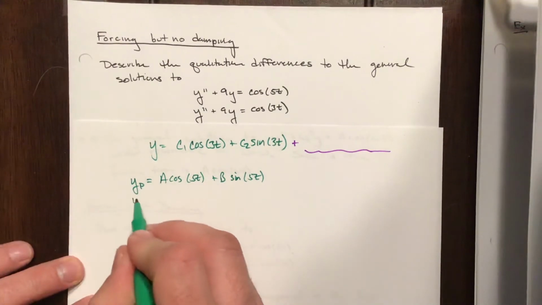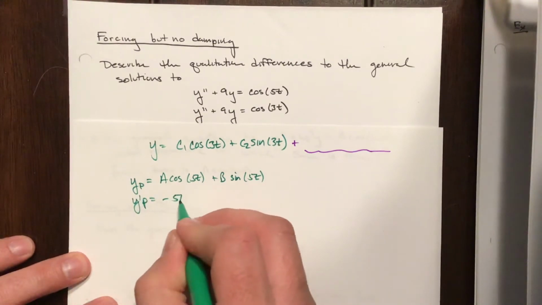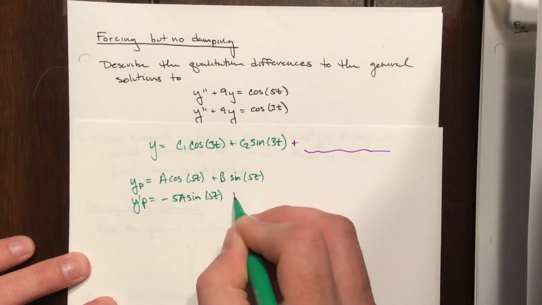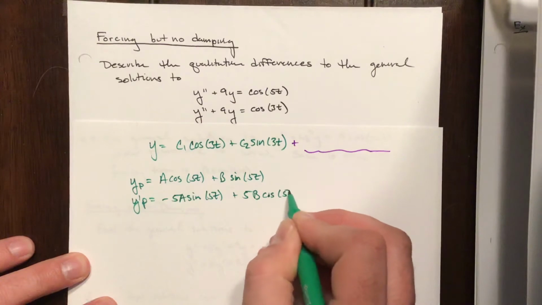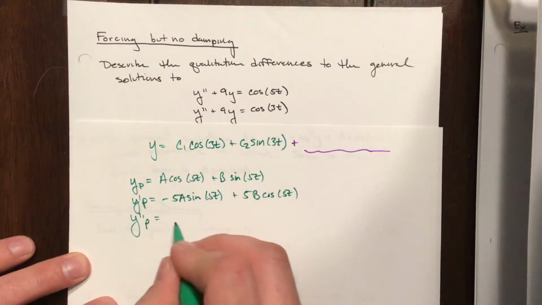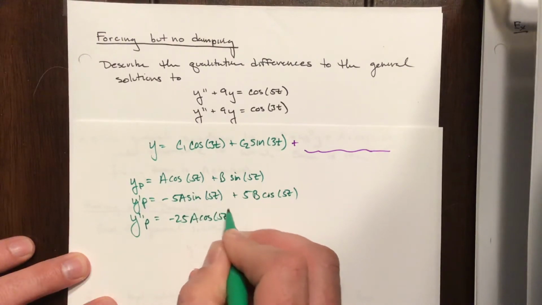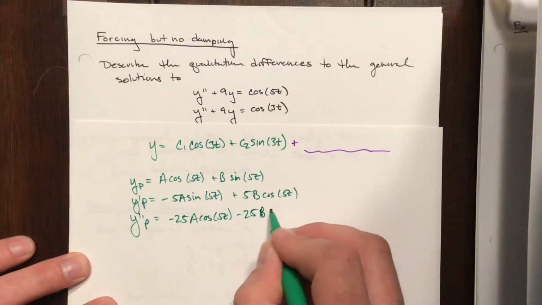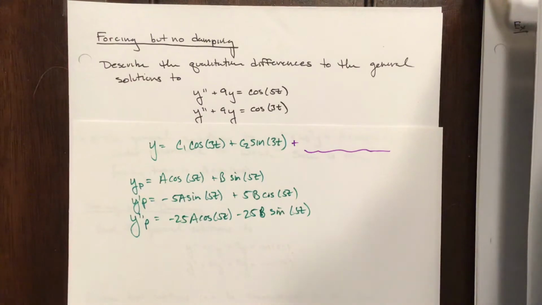If that's the case, y prime is going to be what? Minus 5a sine 5t plus 5b cosine 5t, and y double prime is minus 25a cosine 5t minus 25b sine 5t.